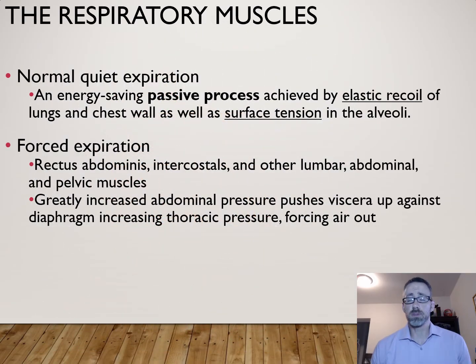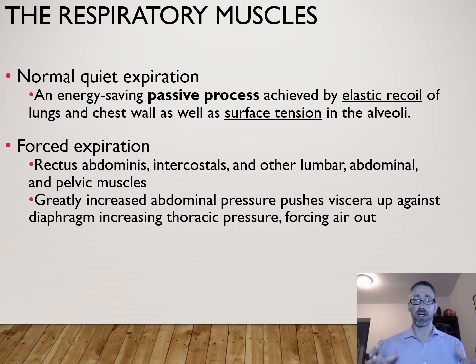Okay, so the respiratory muscles, this is for expiration. As I mentioned already, normal, quiet expiration is a passive process. Basically the elastic recoil of the lungs, as well as what we call surface tension inside the alveoli, which I'll get to, is going to bring the lungs back to their original position as long as our thorax muscles, the diaphragm, and the external intercostals are relaxed.